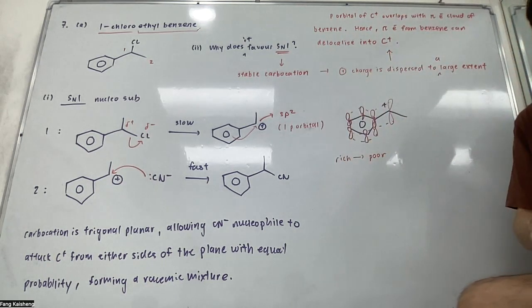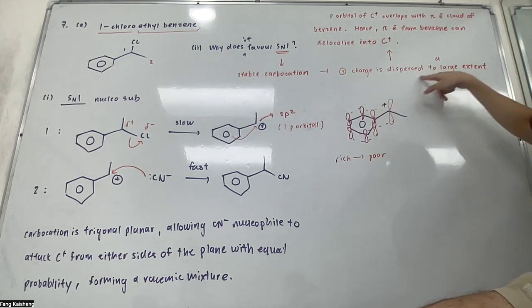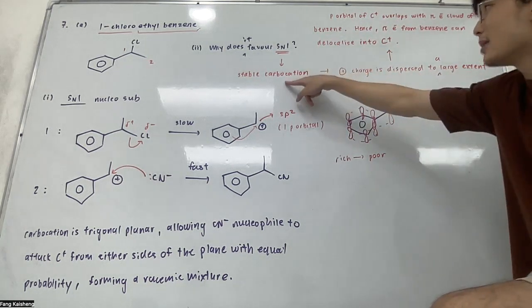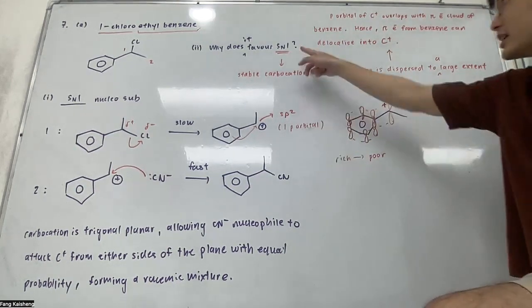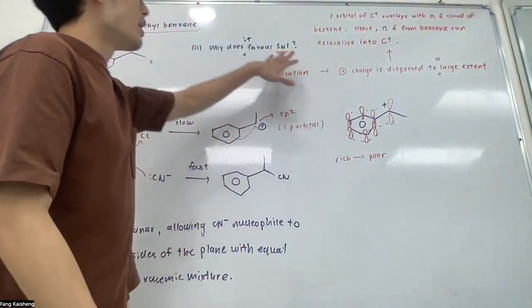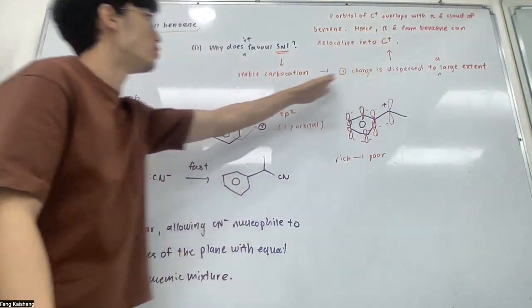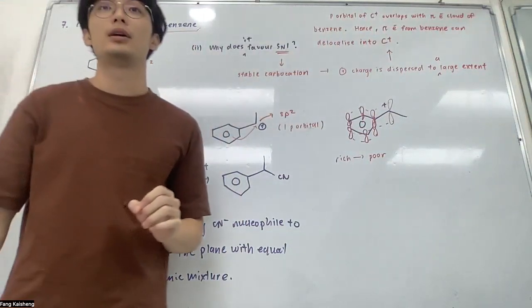This will make the carbon not as poor as before, right? That's why the plus charge will be dispersed to a large extent. It will stabilize the carbocation. That's why it favors SN1. So you see how we unpack this question. I work my way backwards, right? But your answer is supposed to start from here and then you write all the way until this part.